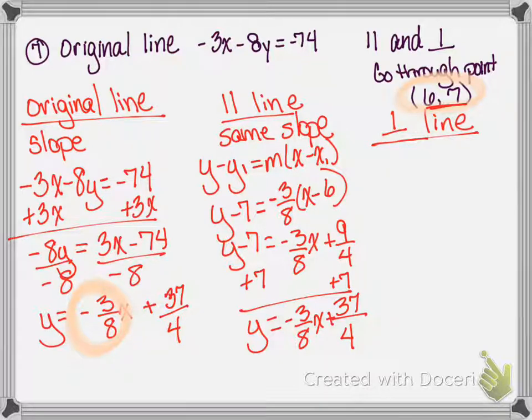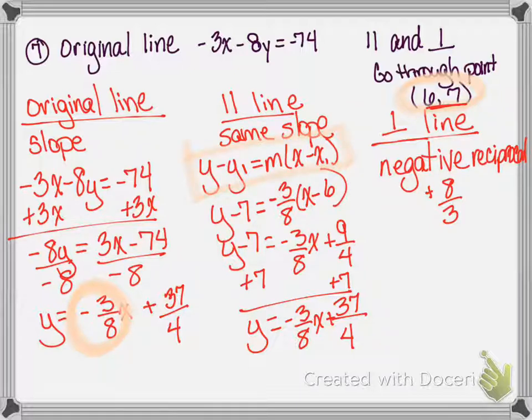Perpendicular lines, we have the negative reciprocal. So the negative reciprocal slope, that's the slope of perpendicular lines. So instead of negative 3/8, I'm going to have the opposite sign, so it's going to be positive. And then instead of 3 over 8, I'm going to have 8 over 3. I'm still going to use point slope form of the line, which is this right here.